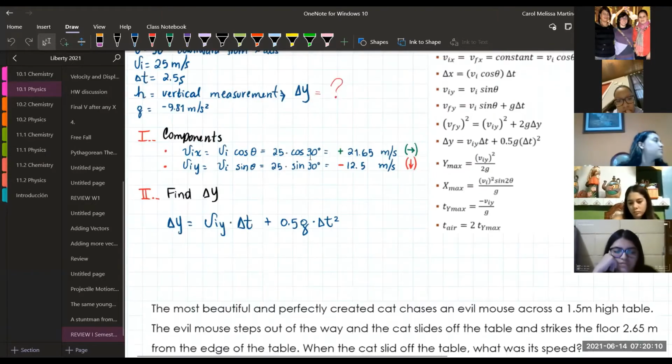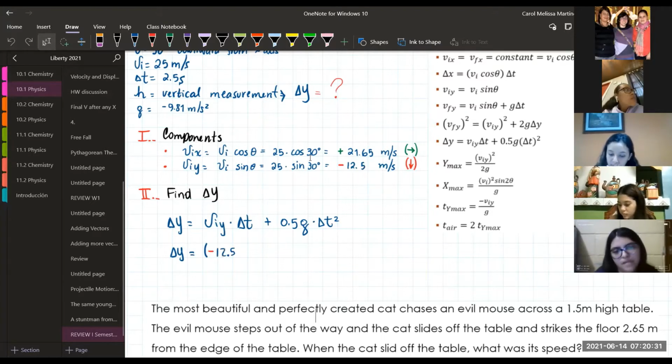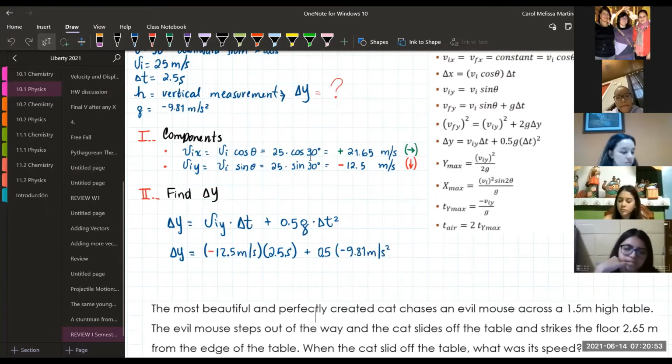Now we plug in the givens and we say delta y is equal to initial velocity in y, which gave us negative 12.5, times the time, given in the problem, 2.5 seconds, plus 0.5 from the formula, gravity, which is negative 9.81 meters over second squared, and then delta t raised to the second power, 2.5 seconds to the second power.